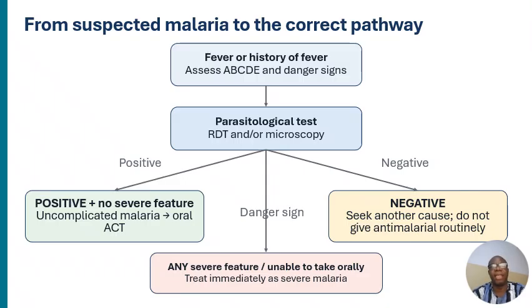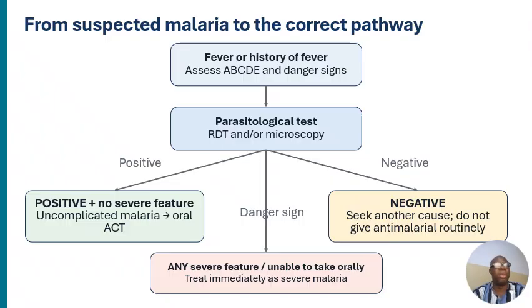If the test is negative, do not routinely give an anti-malarial simply because the child is febrile. Seek another cause and reconsider whether repeated or alternative testing is needed. The central red pathway overrides the others. Any serious feature, life-threatening feature, or inability to take oral medications requires immediate management as a case of severe malaria when it is suspected.